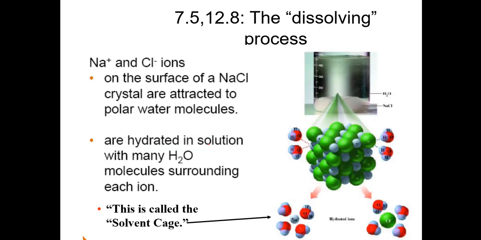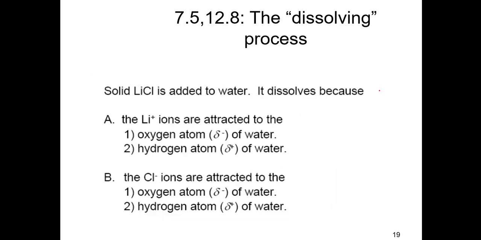We've already talked about the dissolving process, but let's bring it up again. When you have solid sodium chloride, the water molecule likes to pick apart the individual ions and surround them in what's called a solvent cage. It's due to opposite charge attraction.